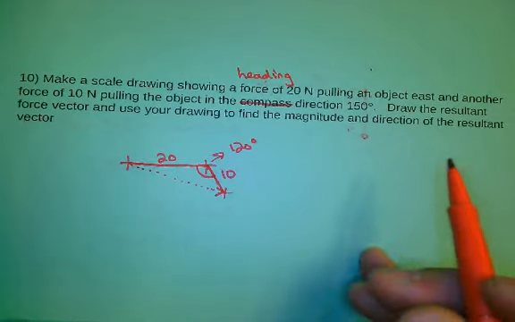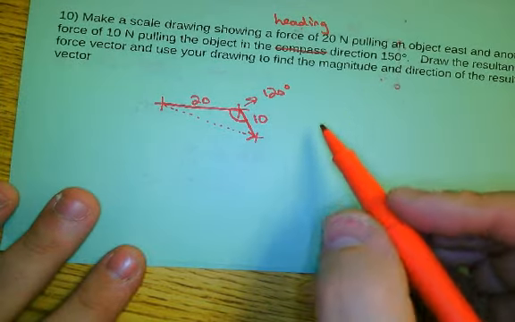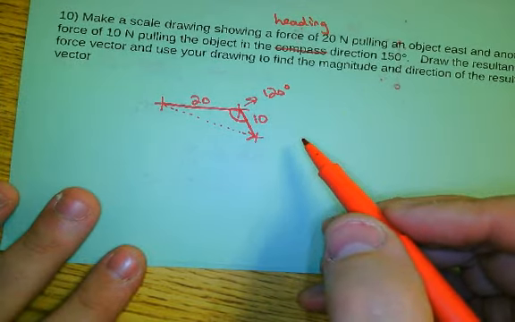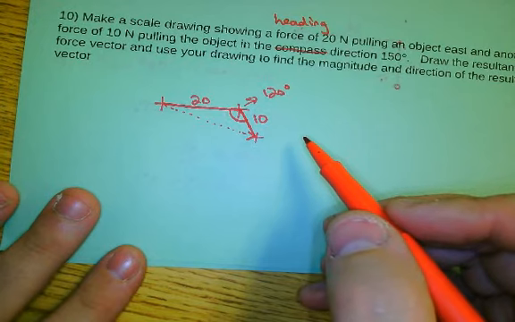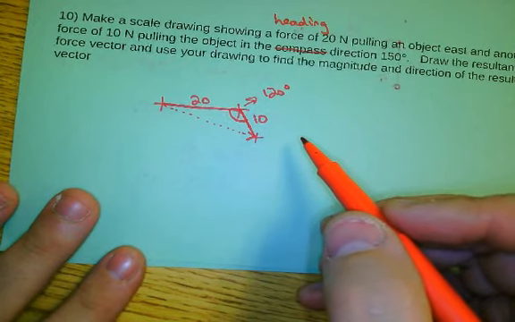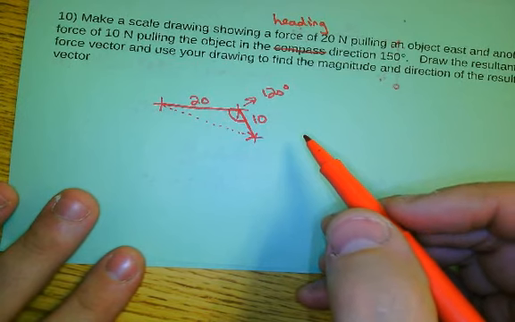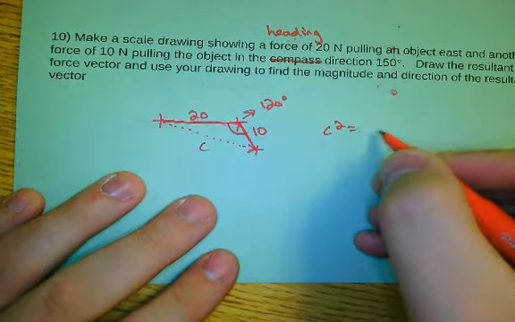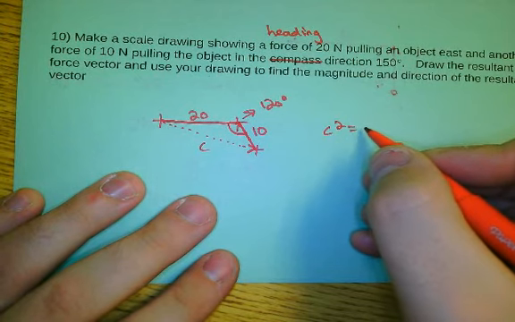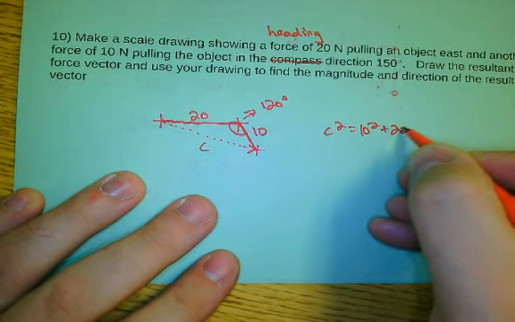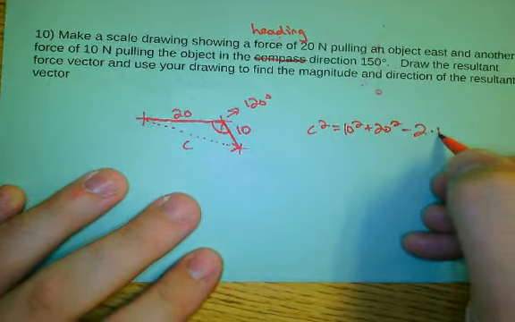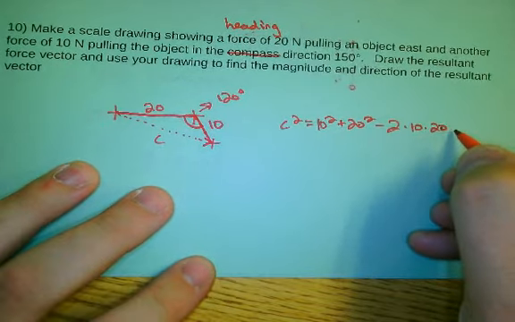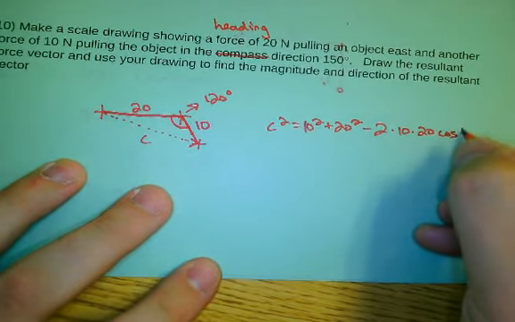Okay, so let's do it. How do I do it? What do you do? C squared equals A squared plus B squared minus 2AB cosine.